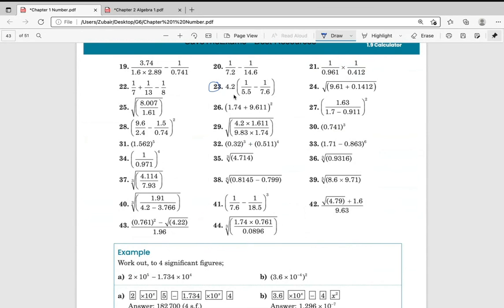Now try this, 43. Minus 0.5752. Correct. Yes, sir.